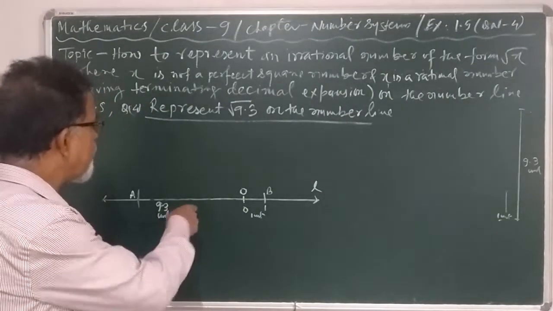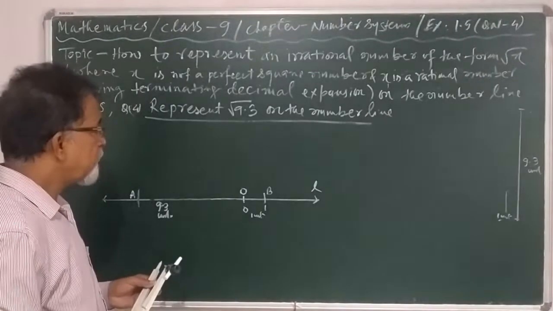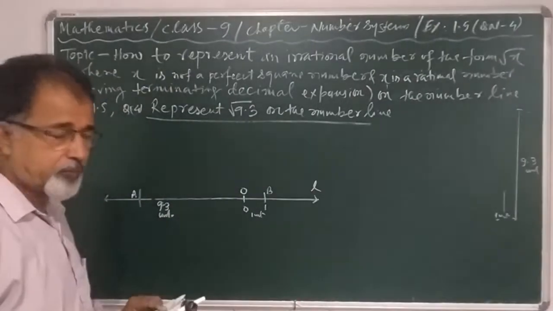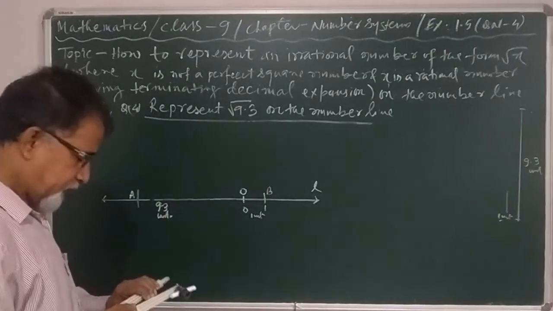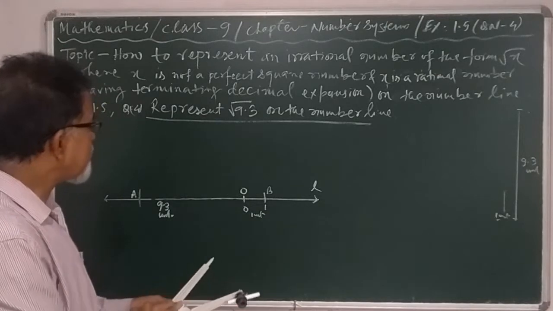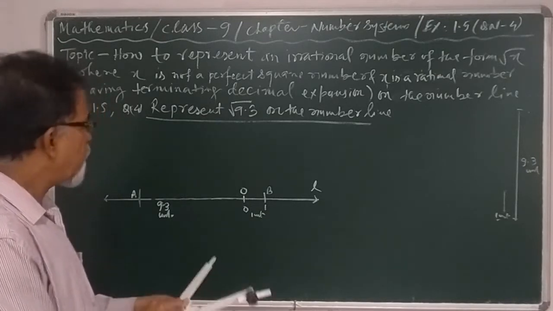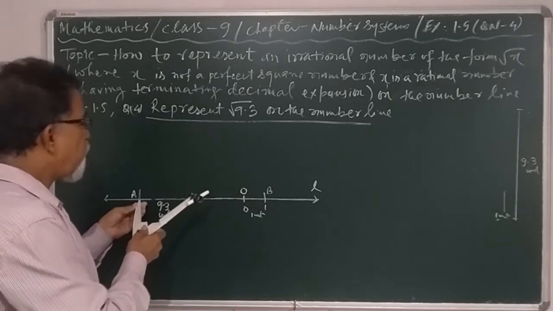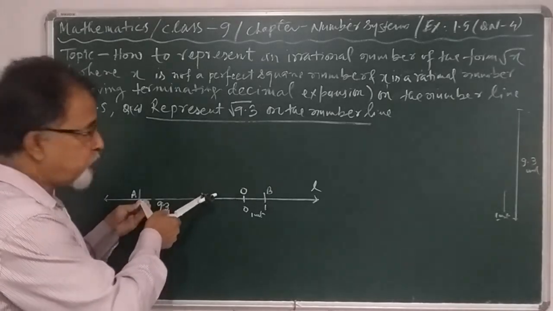In order to find the midpoint of AB, we will have to draw the perpendicular bisector of AB. And I am going to use a compass to draw the perpendicular bisector. You already know how to draw the perpendicular bisector.